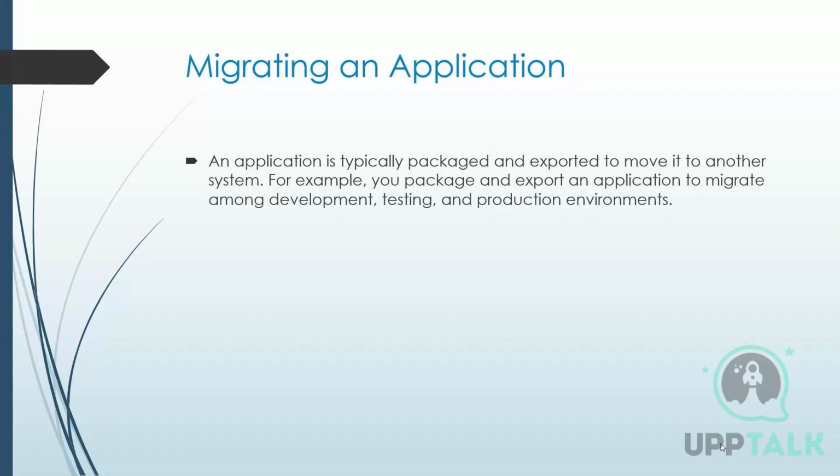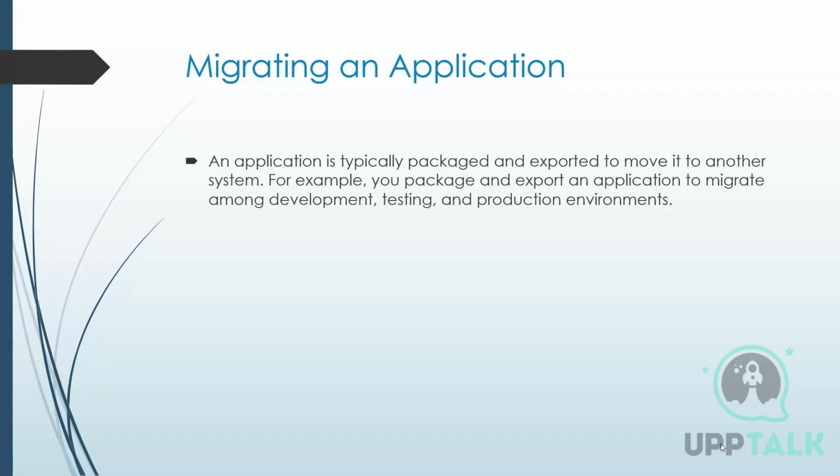Now, when I have some features, some code or some rules available on the dev environment, I have to move my application across the environments to make sure it is properly tested and all the acceptance testing is done, and then finally it has to be moved to production.